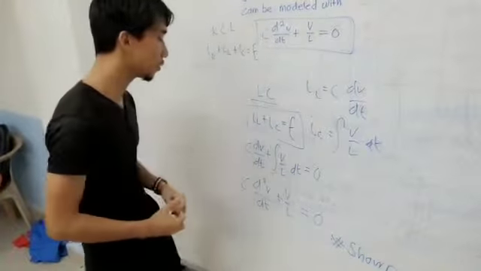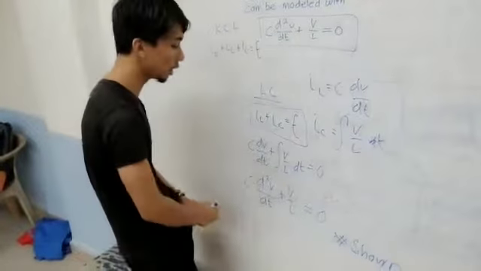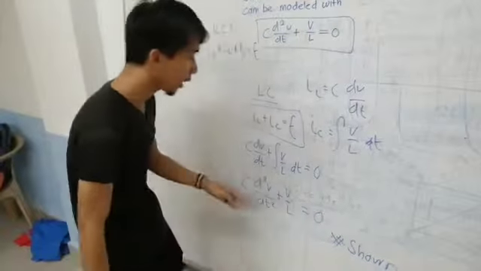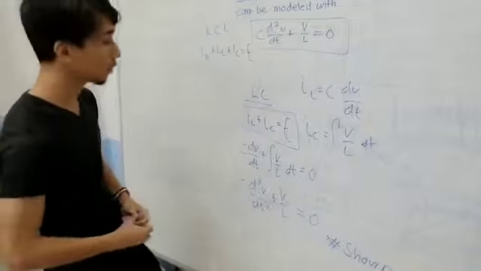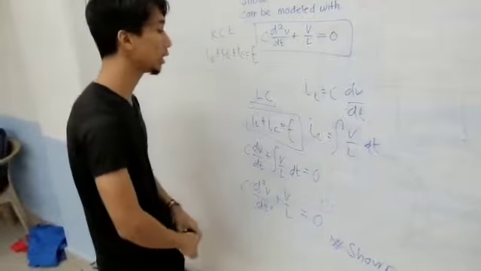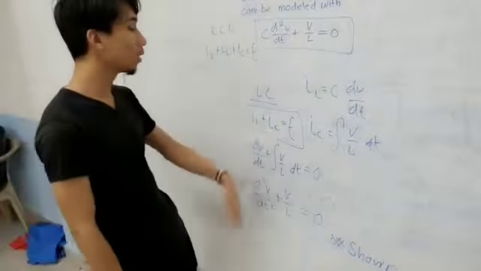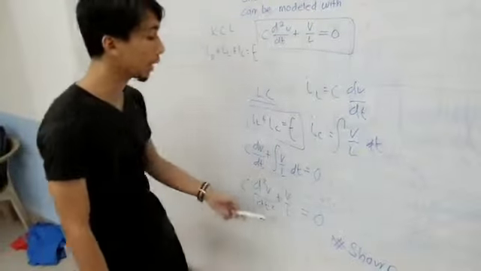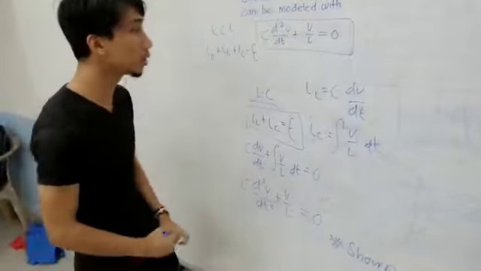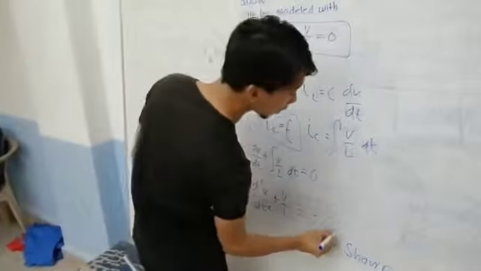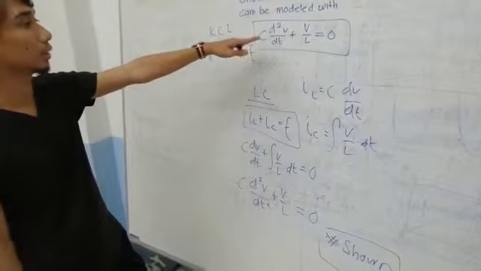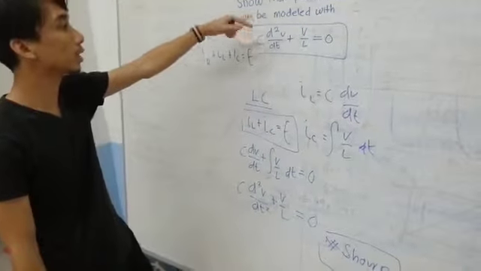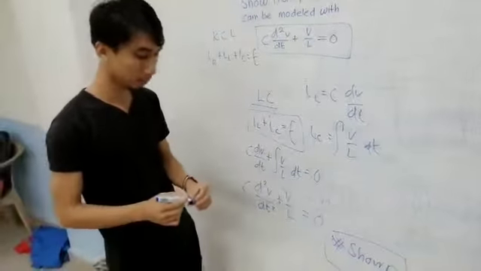So C dV over dt will become C d squared V over dt squared, and when we differentiate the integral of V over L dt, it will become V over L. The differentiation cancels out the integral, and the 0 stays 0. So the equation shows that the circuit can be modeled with the LC circuit.